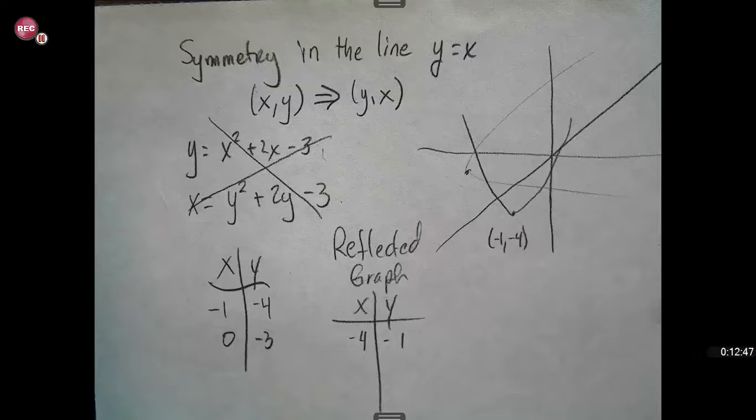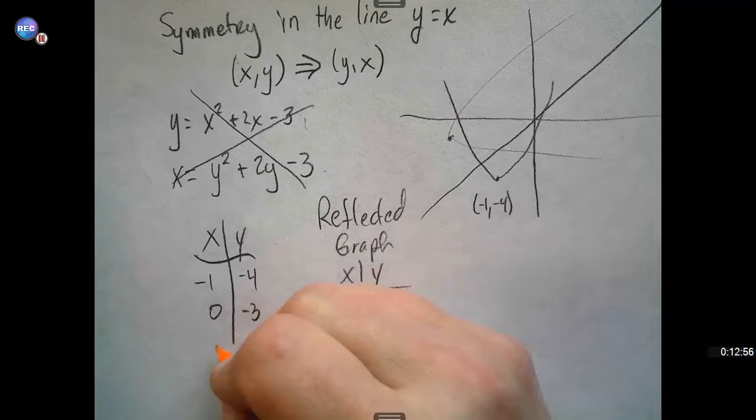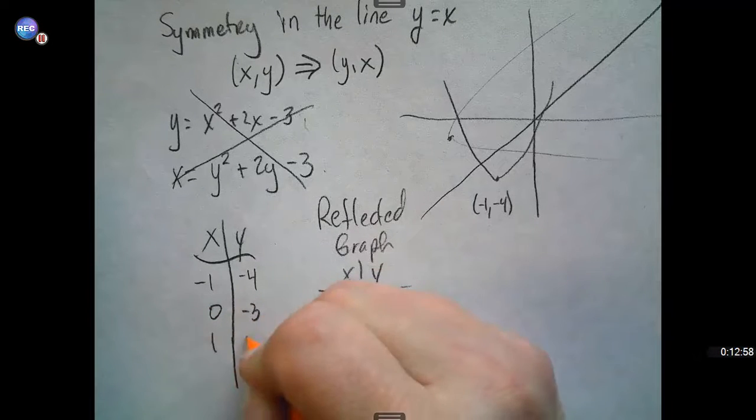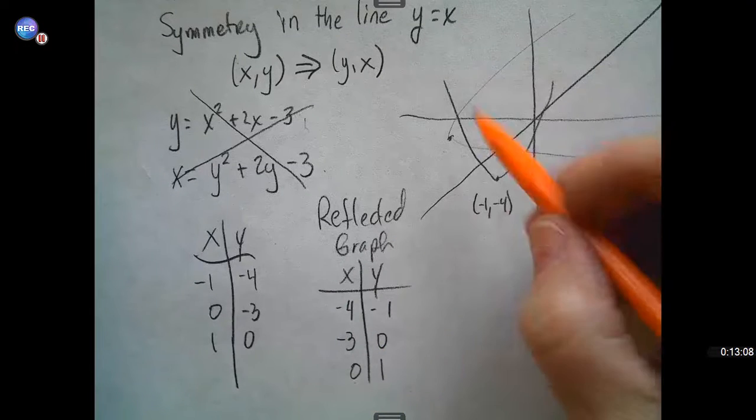In the reflected graph, that point would be -3, 0. And so on, and the list goes on. One of the x-intercepts was 1, 0. Over here, that'll be 0, 1. And we can graph this parabola, and that will be the reflected graph. And that's kind of what I graphed here.